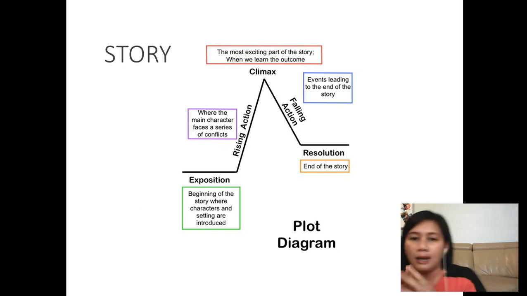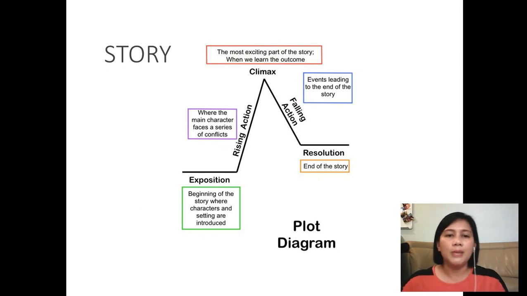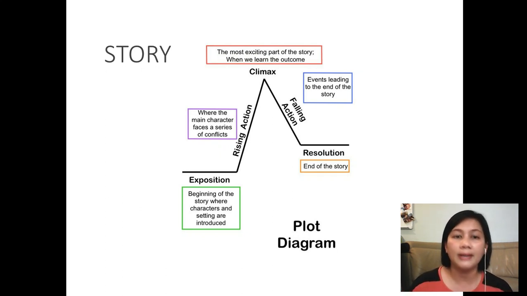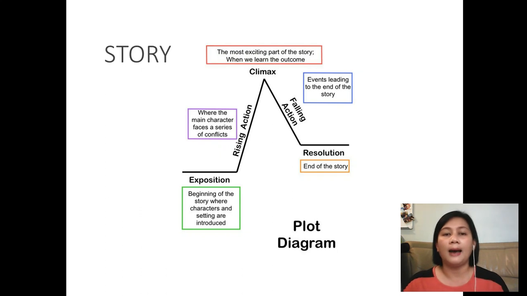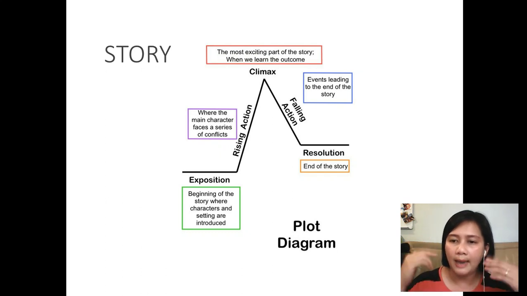So for the beginning of the story, characters and setting are introduced. When you want people to read your story, of course in your story you will have characters and the setting. So you have to let people have that imagination.